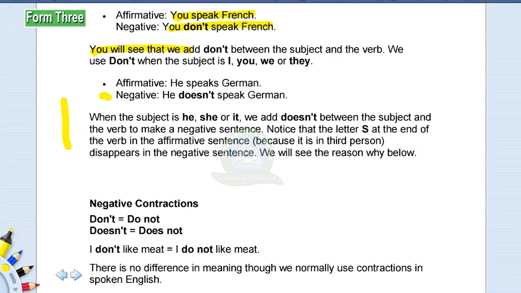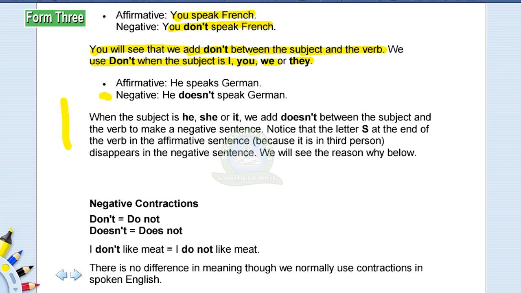So let's take a look. You will see that you add don't between the subject and the verb. We use don't with the subject I, you, we, or they. Use different colors.